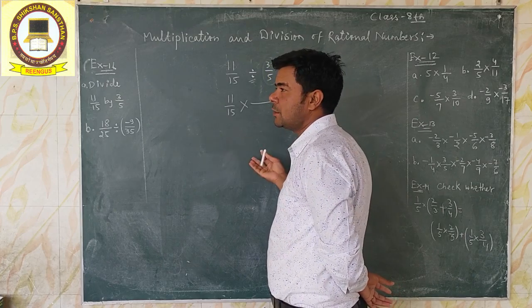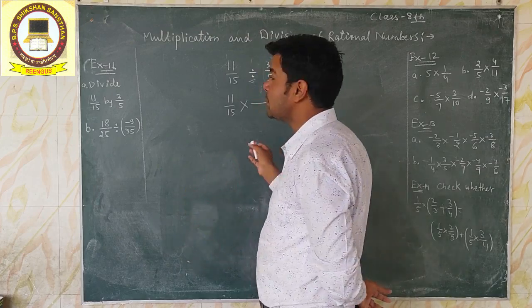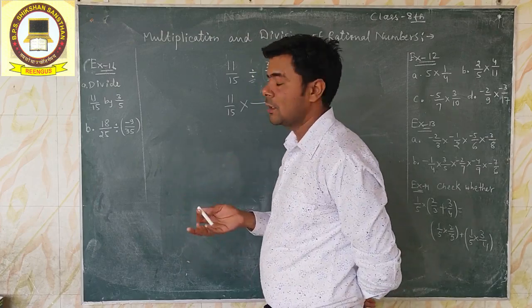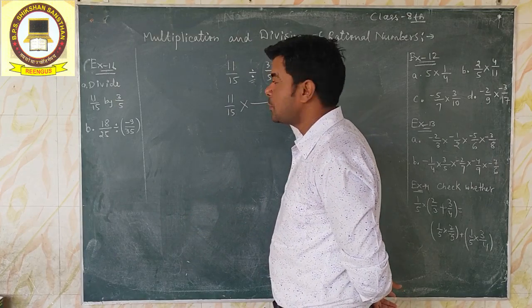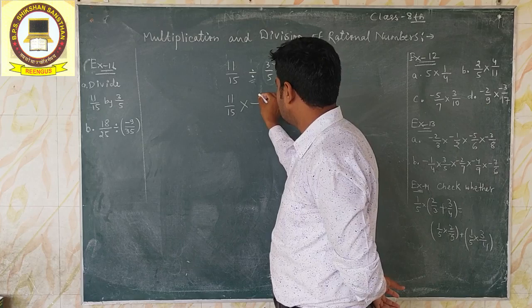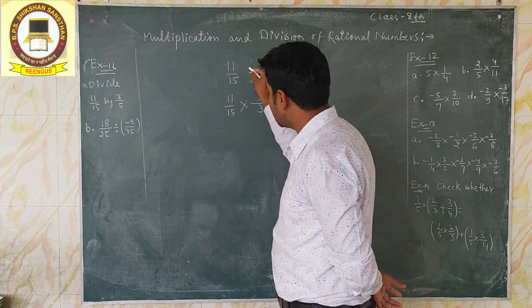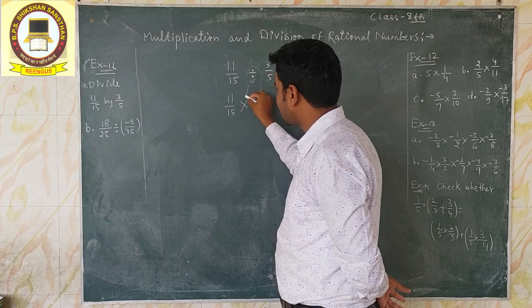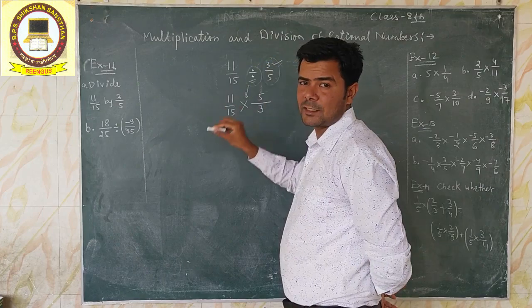How do we convert it? We can say it is inverted. Inverted means we flip it: the numerator becomes the denominator and the denominator becomes the numerator. It becomes 5 by 3. So whenever you change the division sign into multiply, you have to invert the next number.